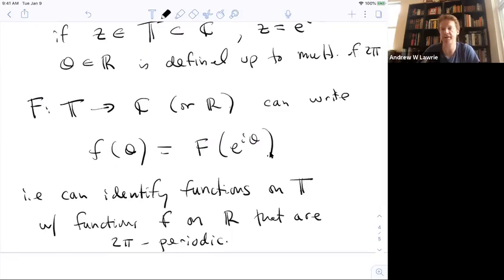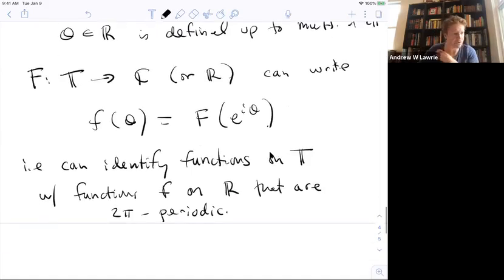Okay, so this is the same thing, and you can go further. If capital F is differentiable, a differentiable function on the circle, then little f is a differentiable function on the line, and vice versa. This is of course because the exponential function is smooth.